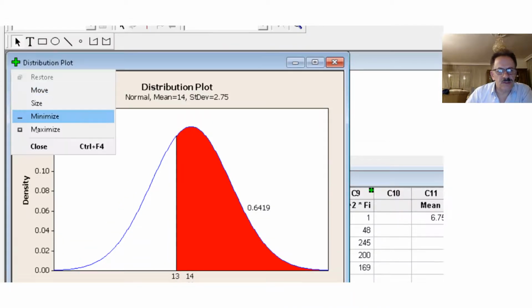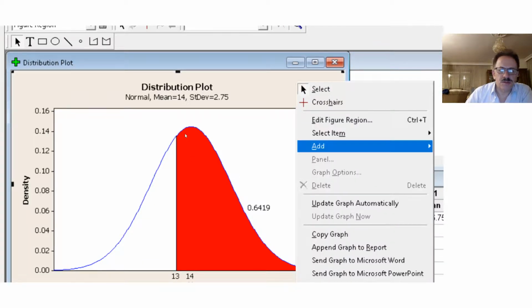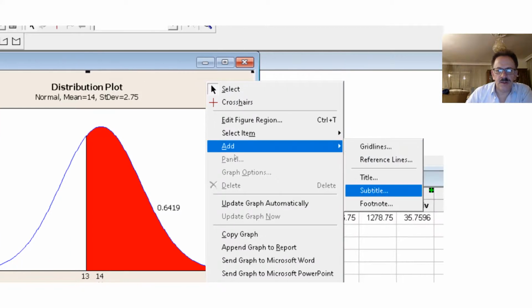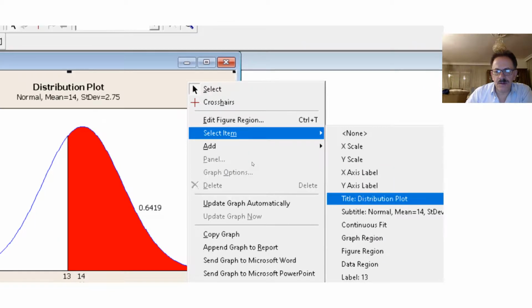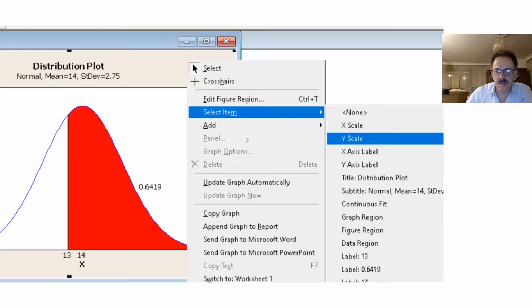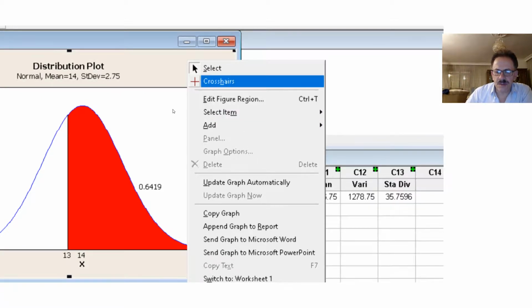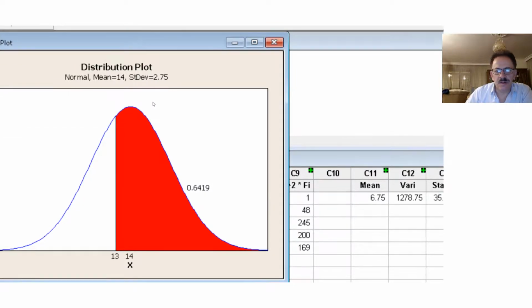So 64.19 is the area, and also you have to add this one to your data by clicking, and by the way, you can select more, add labels and graphs and everything that you need.